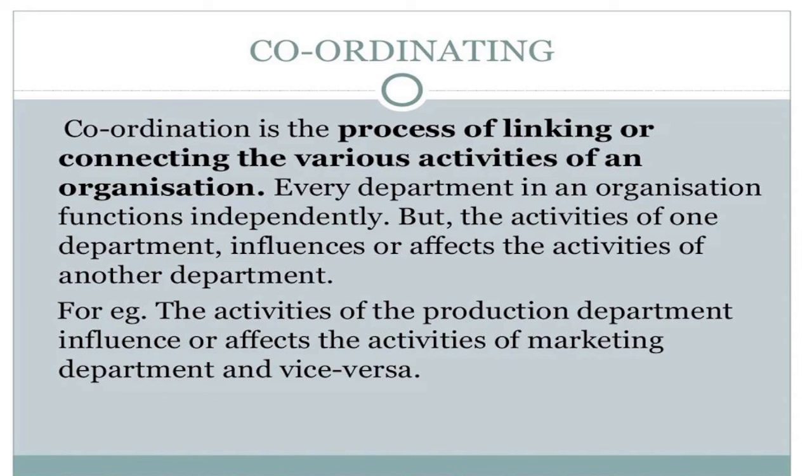The production department will manufacture the goods. Marketing department will give the thought process of the consumers, what customers are expecting from our product. That should be incorporated by the production department in the product design.